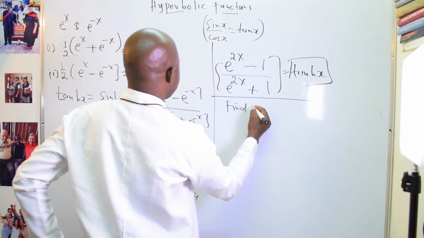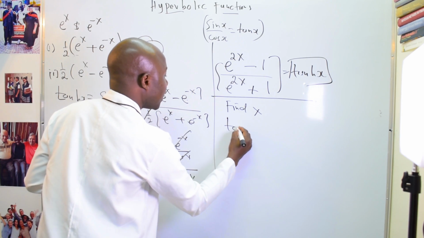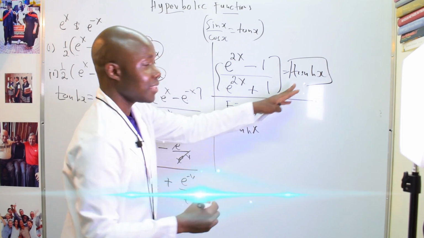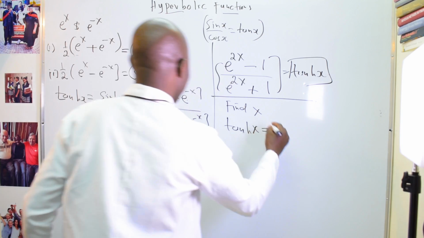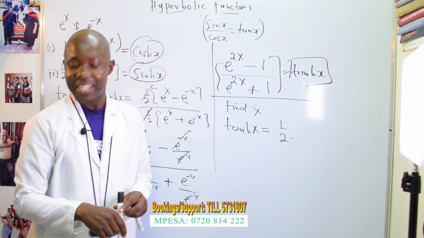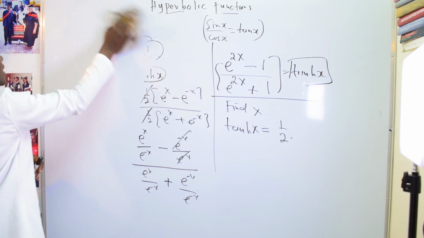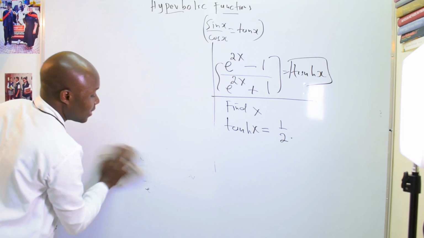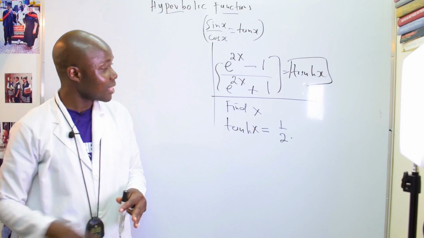If somebody asks you to find the value of x if tanh x is a half, how do you find x if you've been provided tanh x to be a half? Allow me to wrap this point and explain that simple concept. It is very easy and very much applicable.